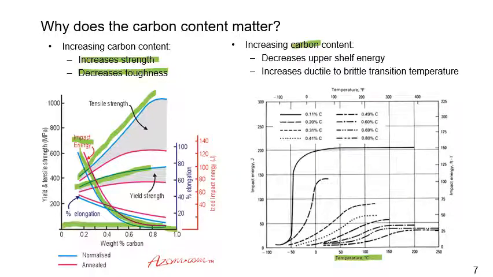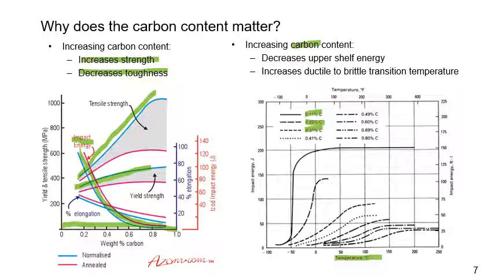So as you change the carbon content, here are several carbon contents that are of interest for our line pipe steels. As I change the carbon content, I change the plot of toughness impact energy, or the amount of energy that the steel can absorb, versus temperature.